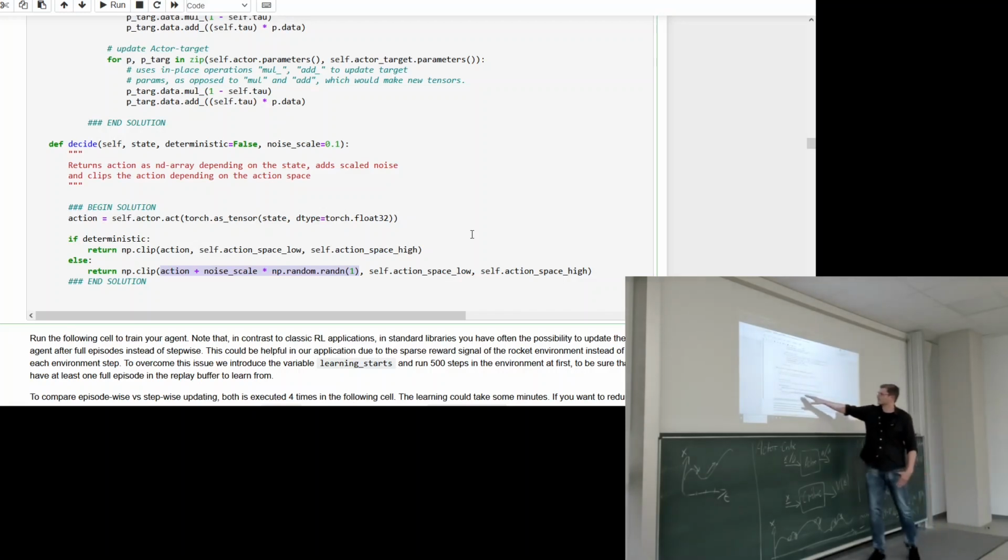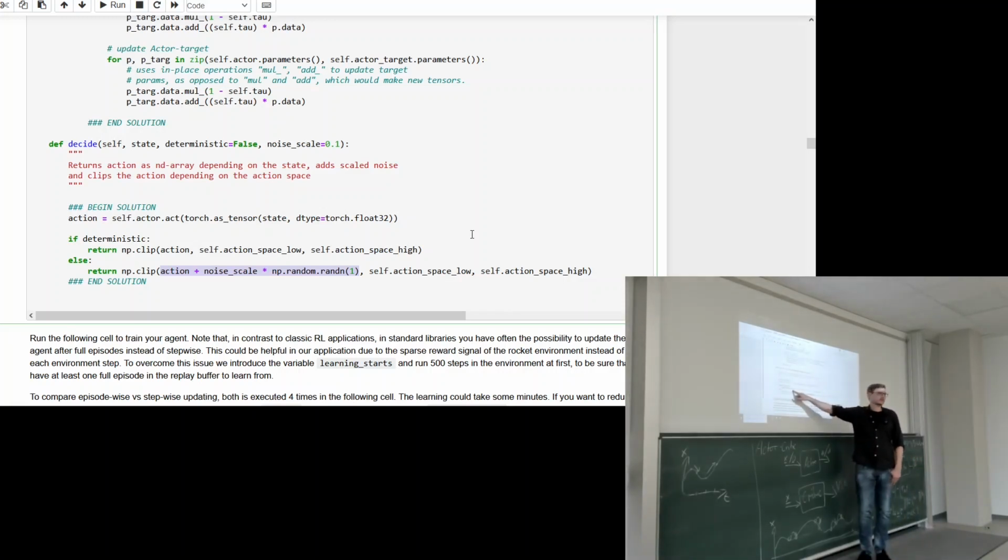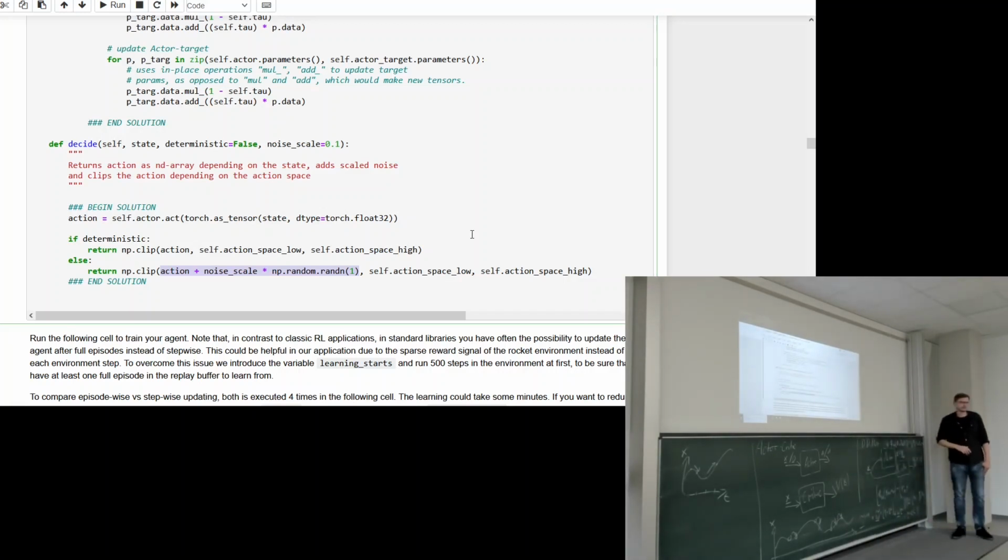Nothing of this is trained. These are just fixed variables that we fix from the outside beforehand, or maybe even schedule during training. We can of course fit them to whatever we want, but they are not part of the training. The algorithm doesn't know of them. So what we are actually training will only be the deterministic action that we also want to take in the end. The exploration noise is not accounted for in the algorithm. We need it in order to find new samples, but we don't have it optimized in any way.